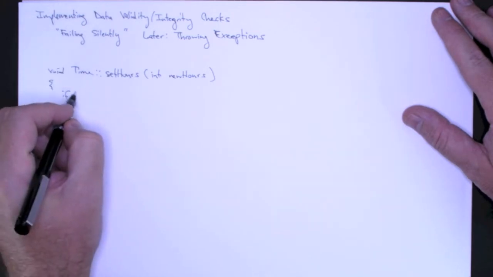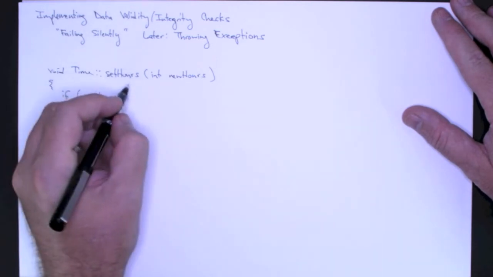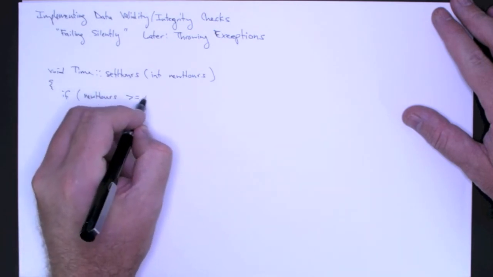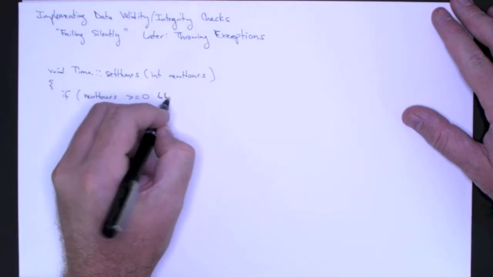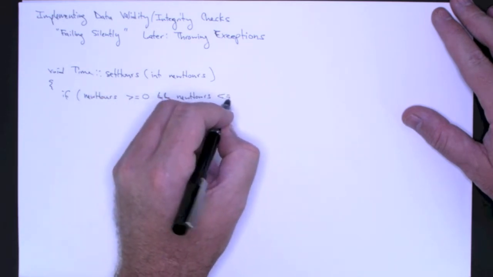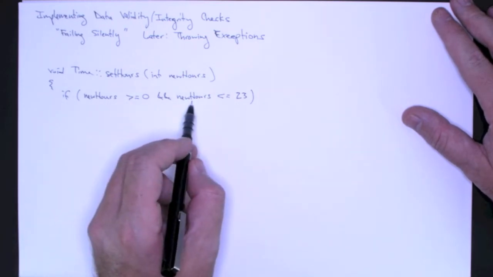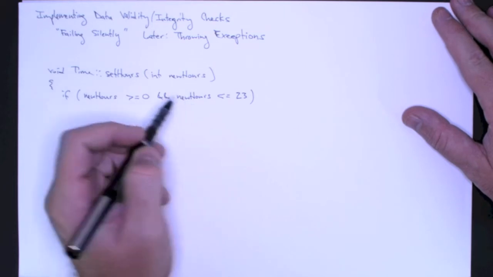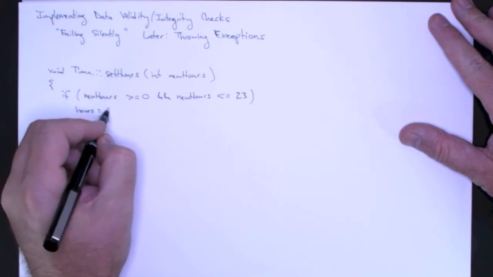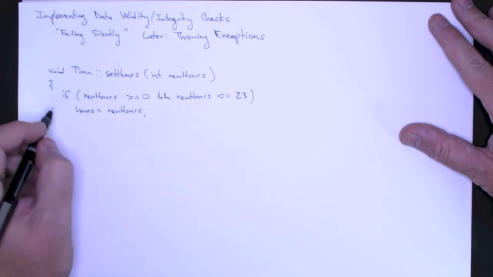So we have to check to see if new hours is greater than or equal to 0 and new hours has to be less than or equal to 23. Now, if that's true, then the value that the programmer passed in is valid, and I can set it to my private data member. Just like that.